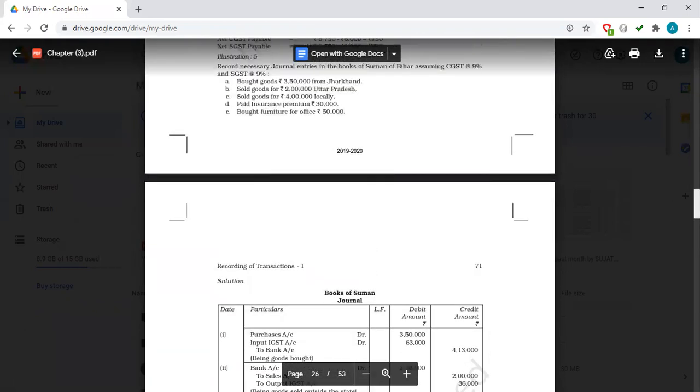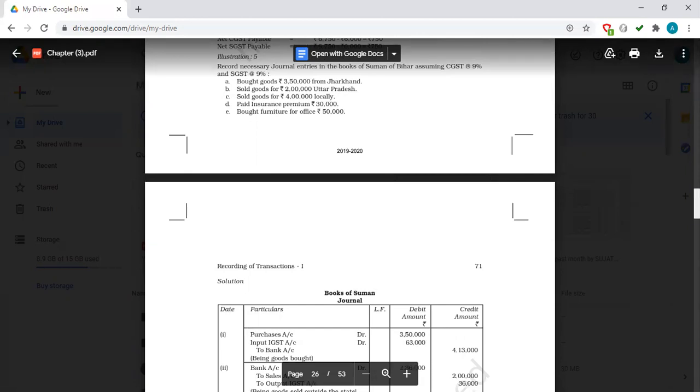The next transaction is paid insurance premium 30,000. Insurance premium is an expense, a nominal account: debit all expenses and losses, credit all incomes and gains. So insurance premium account debit 30,000.